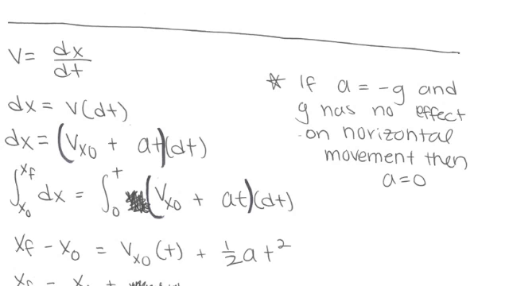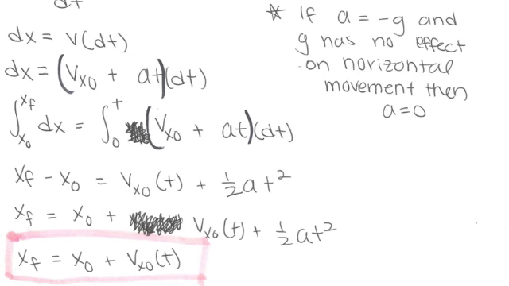Then we take the integral of both sides, and that gives us x final minus x initial equals vx initial times time plus 1/2 at squared. Simplifying this gives us x final equals x initial plus vx initial times time plus 1/2 at squared.